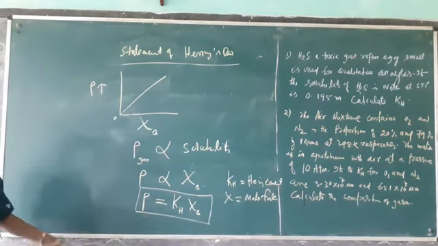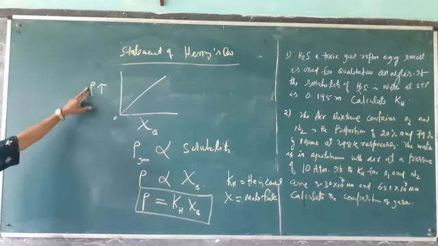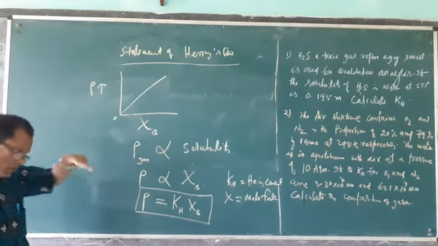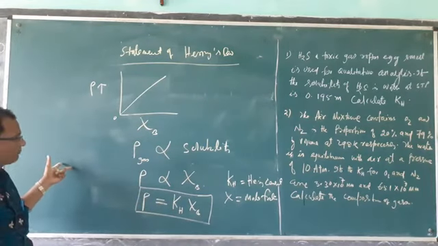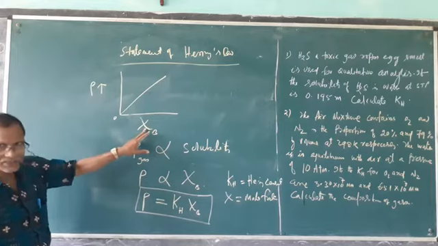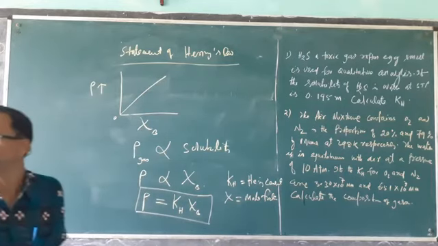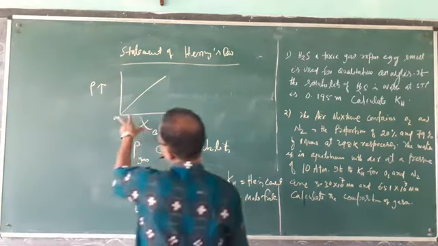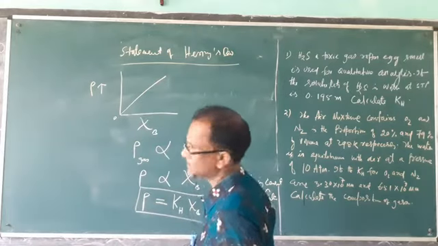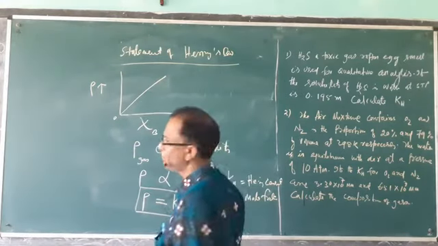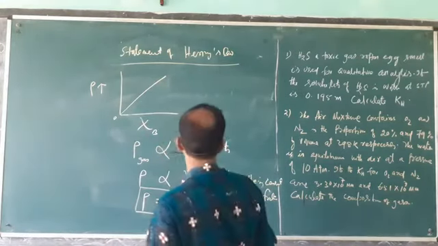That means if more pressure is applied, χ will be more. Or in another way, if χ is more, automatically pressure is more. This is the graphical representation of Henry law. P is directly proportional to χ.